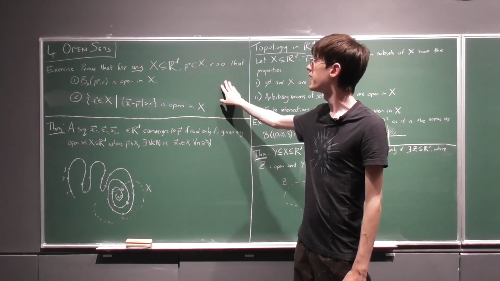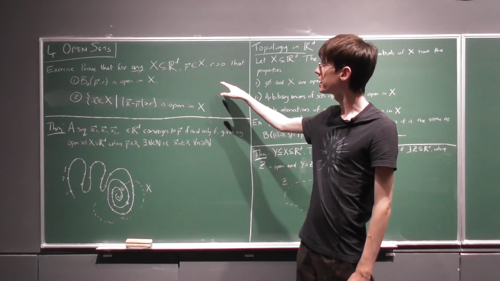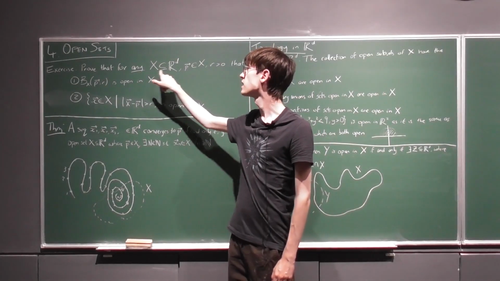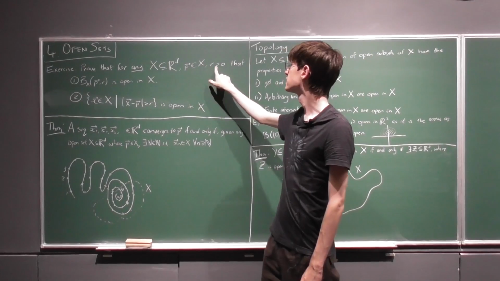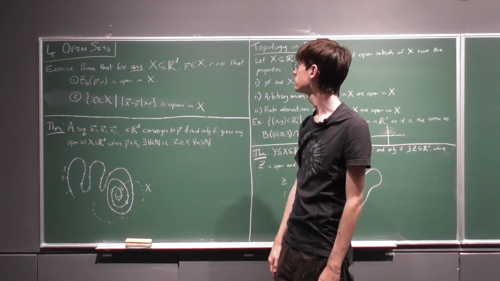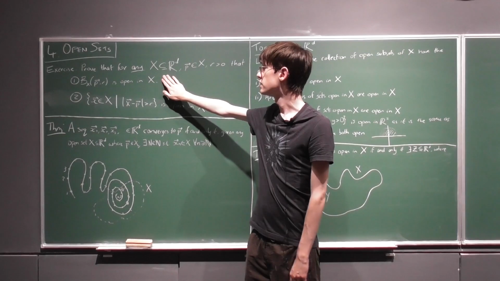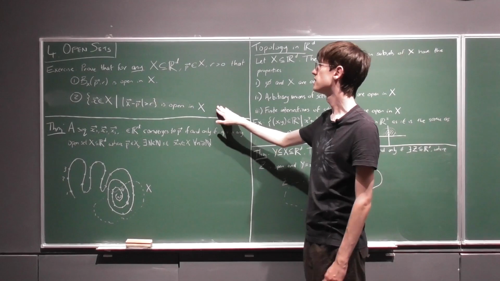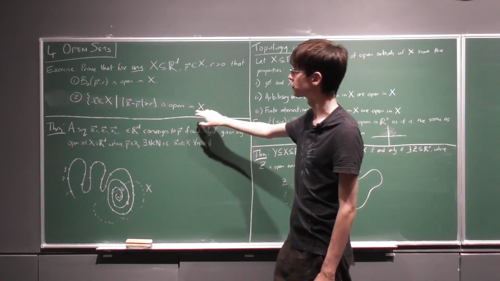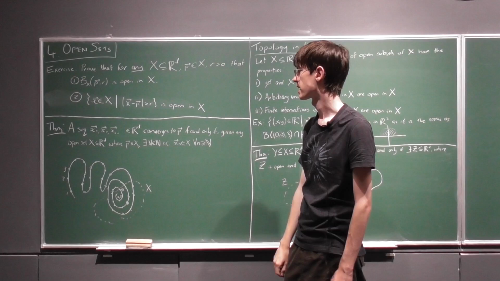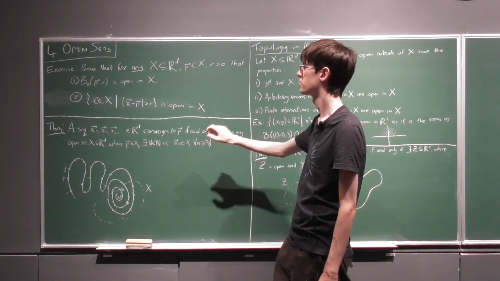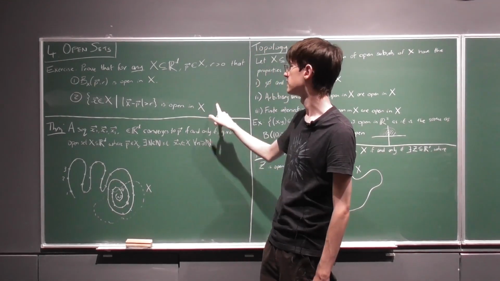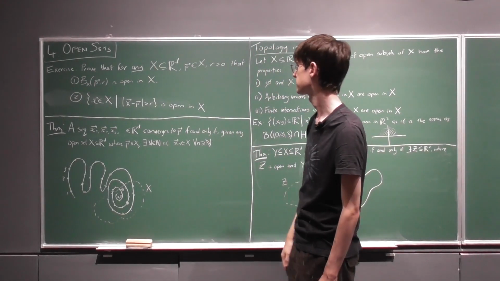So two very useful exercises to try is to prove that for any subset X of R^d, a point in it and a positive radius, what we call the open ball in X is in fact open in X, and that this set here, where we reverse the inequality, is also open in X. So it's not quite the complement because you don't have the points where it's equal to the radius. Both of these are useful to do, this one especially when we get to closed sets.